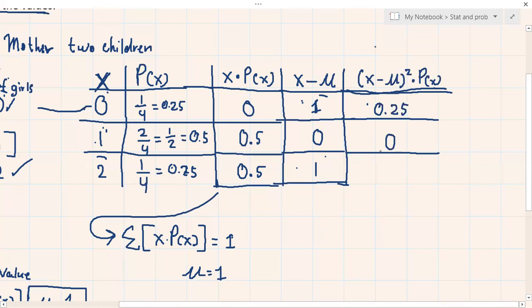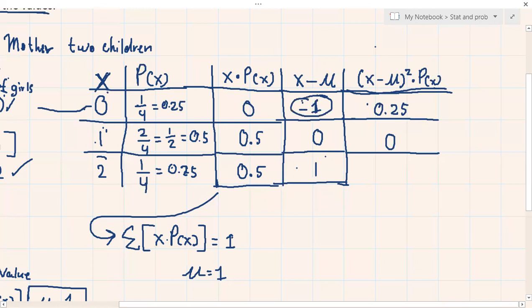Now, last but not the least, ito na. Okay? So, sa last row. So, sino yung x minus mean mo rito? Wait lang, tama ba ako? Ay, teka lang guys. This is negative 1.